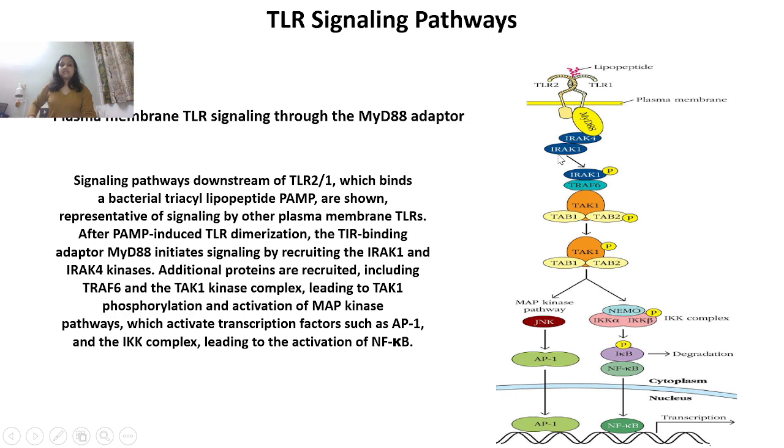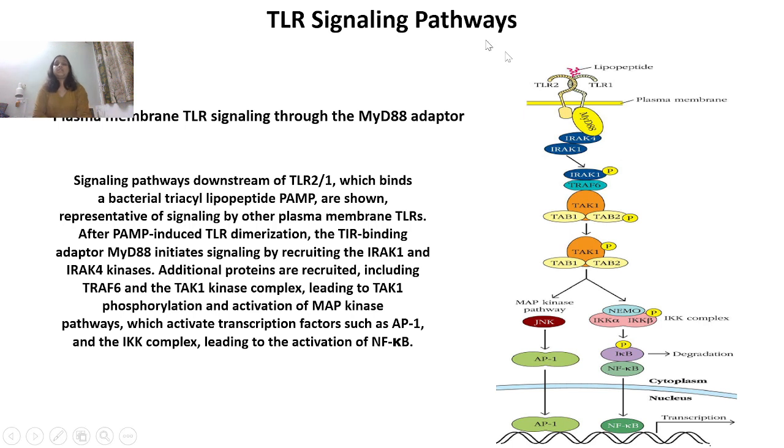Whenever there is a binding, then there is phosphorylation in IRAK1. Then some other proteins like TRAF6 are recruited, and there is the TAK1 complex, like TAB1, TAB2. These are different kinds of protein complexes which are required for the downstream signaling process.